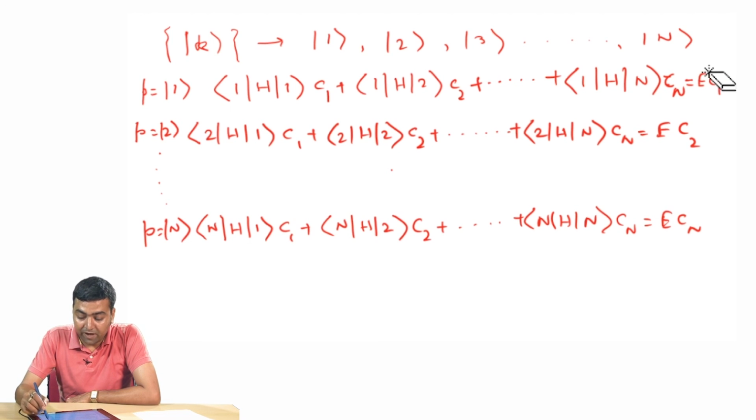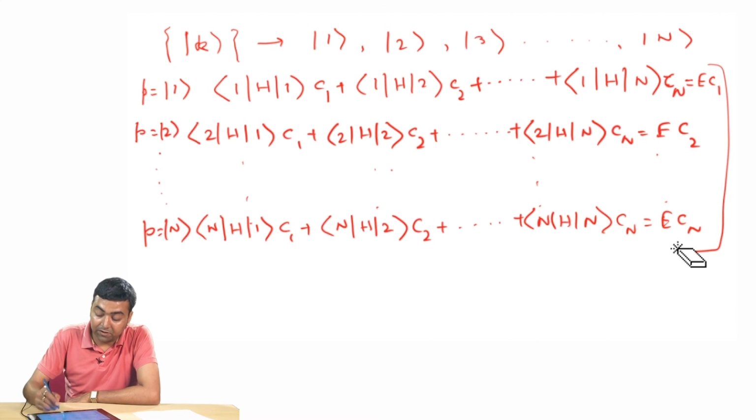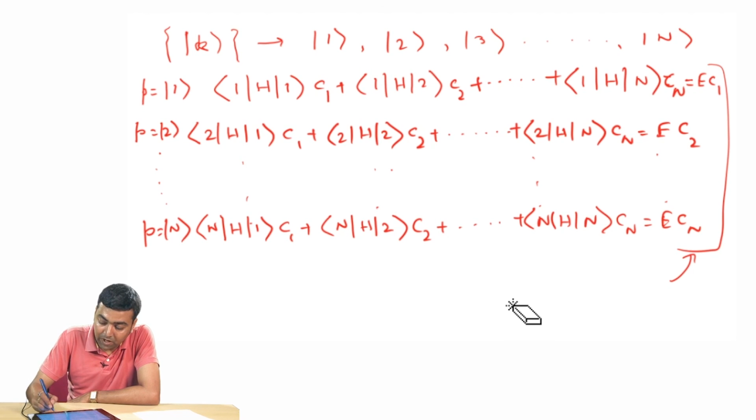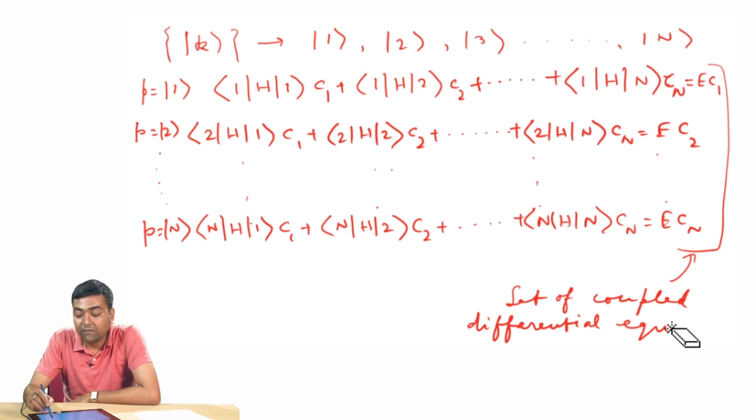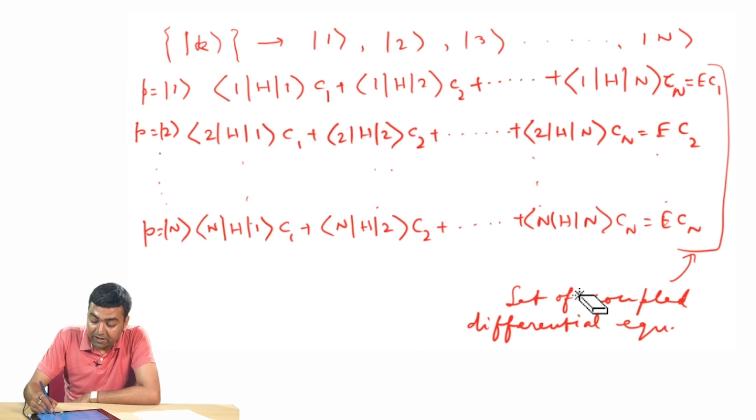So, what we have here now is a set of coupled differential equations. Since the size of my basis set is n, I have a set of n coupled differential equations.